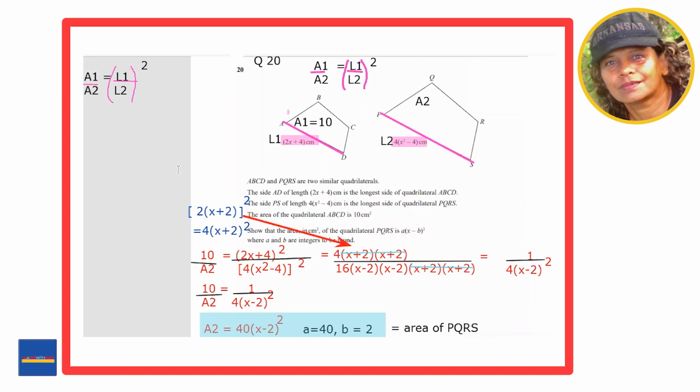Now I'm looking at the denominator. In my denominator I have a 4, so I'm going to write this as 4 squared, and I have x squared minus 4 squared.